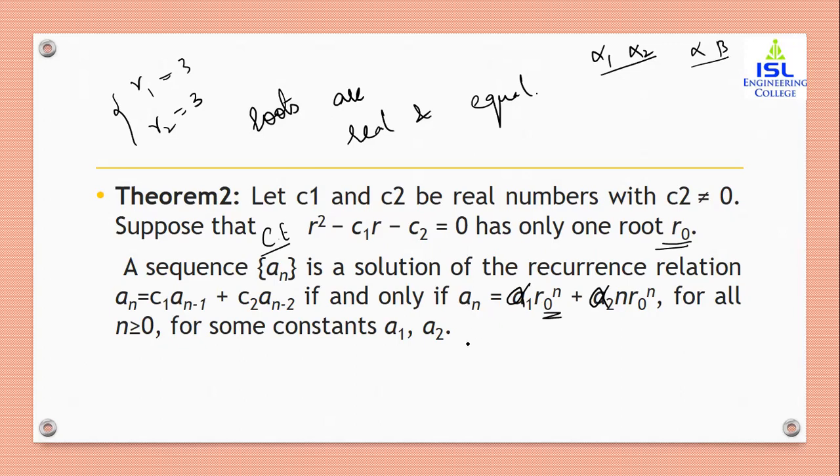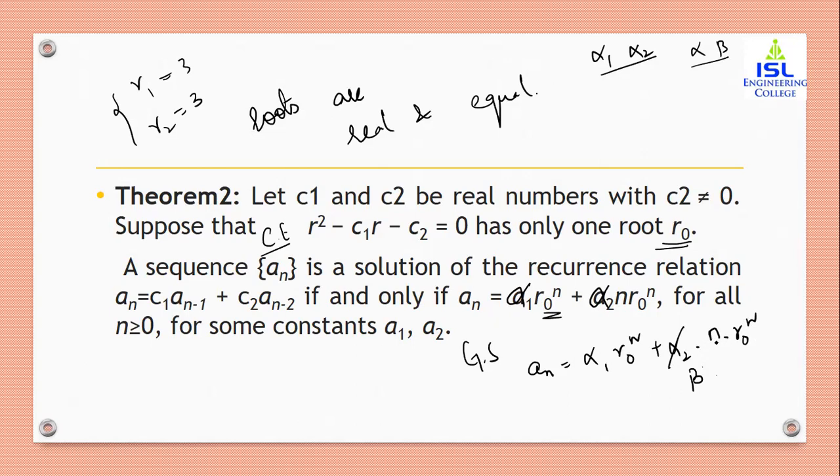So the general solution will be An is equal to alpha 1 r naught power n plus alpha 2 into the changes over here. We multiply n into r naught power n. So in the previous problem, we were using alpha 2 or beta, or you can even replace it with beta into r2 power n.